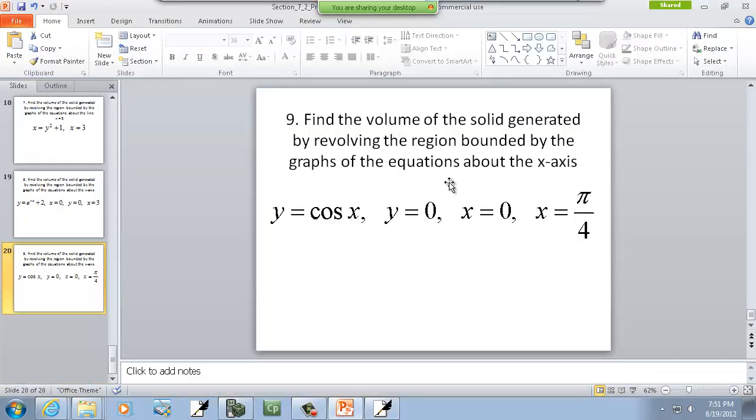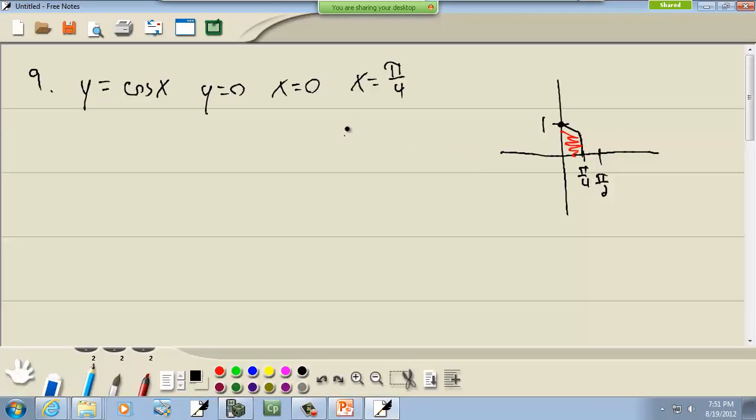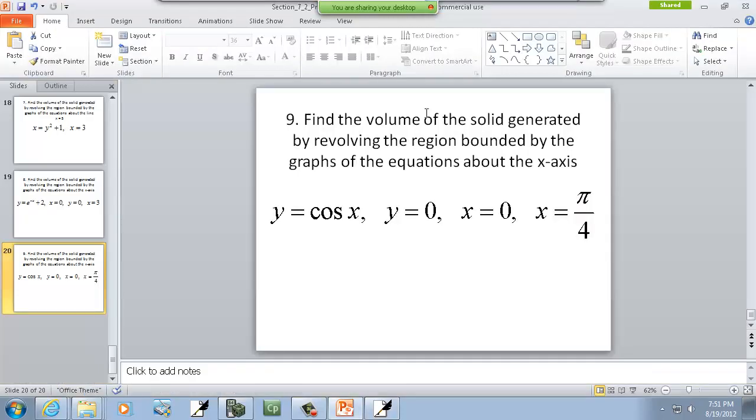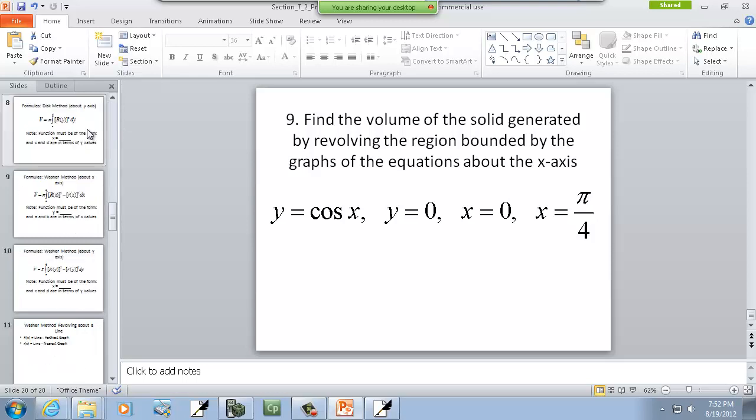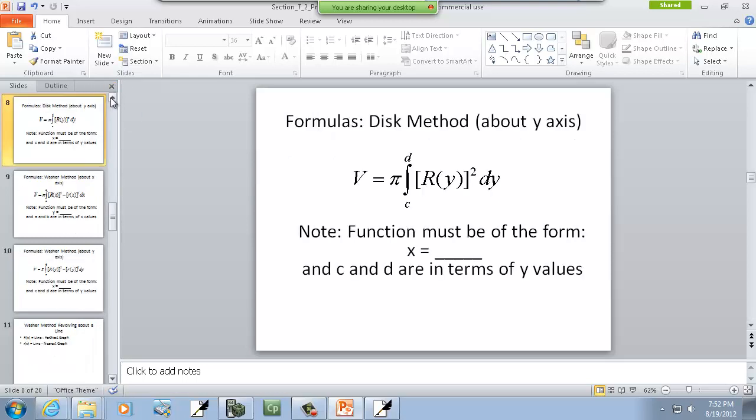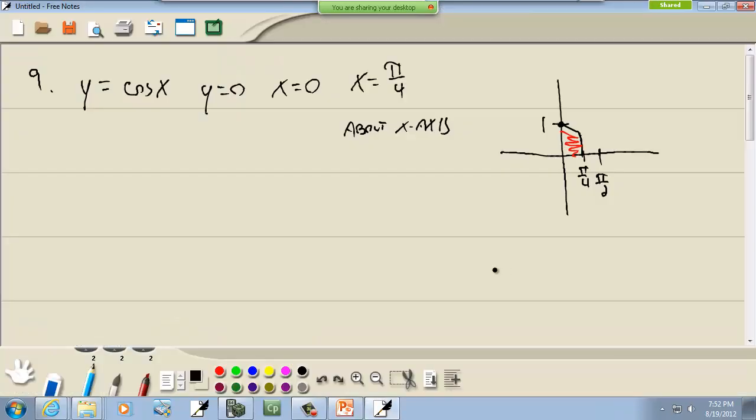Okay. Find the volume about the x-axis. Okay, so about the x-axis, let's go see what our formula says. There's your x-axis. Okay, so everything's x's. So that's easy. We'll go from 0 to pi over 4.